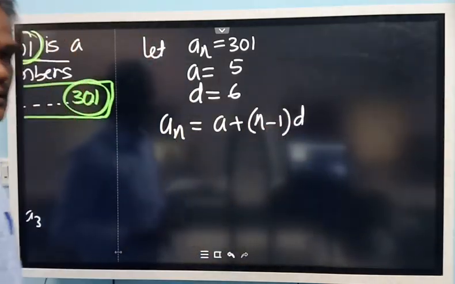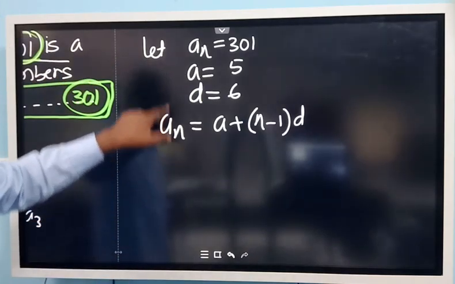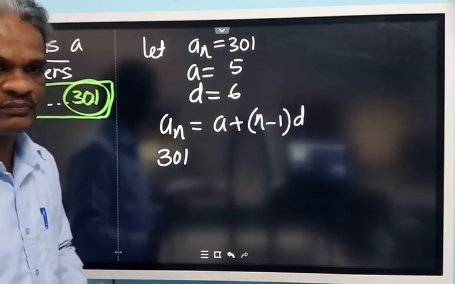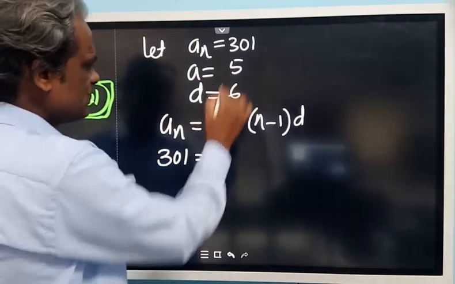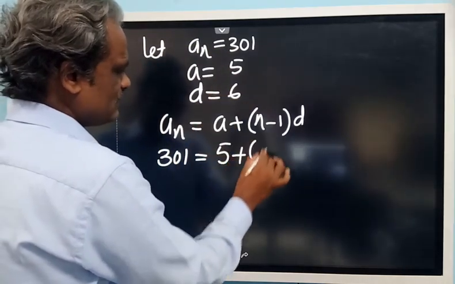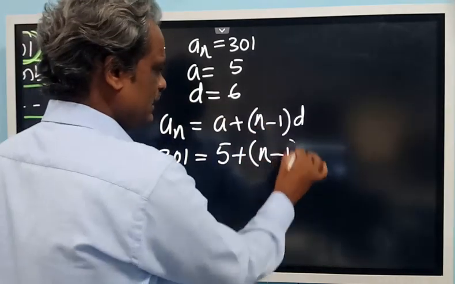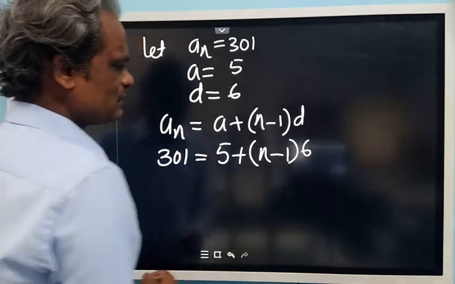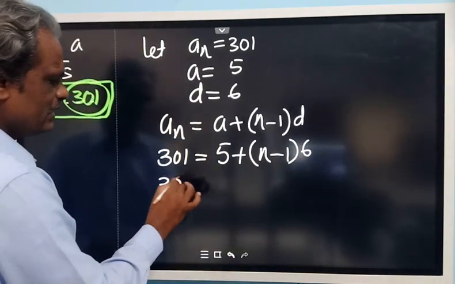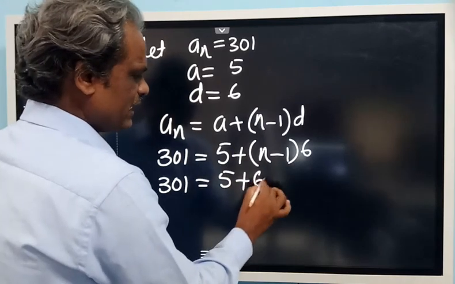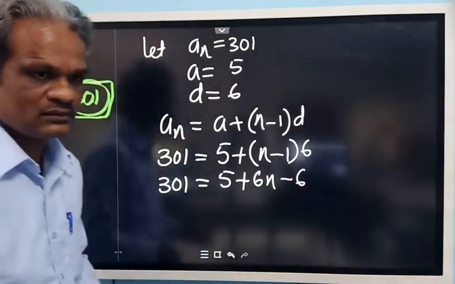Now in place of an, we have to write 301, as we have taken that as the nth term of this list. So a, the first term, is 5, plus (n minus 1) into d, which is 6. Let us simplify. 301 is equal to 5 plus 6n minus 6.